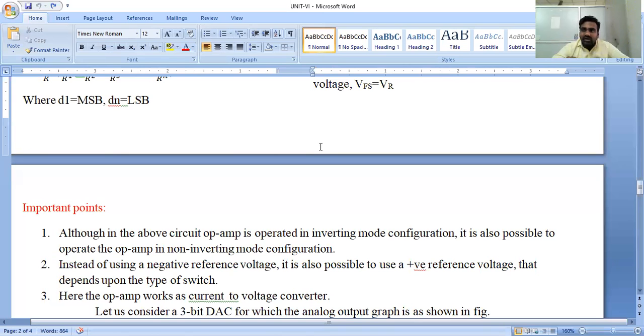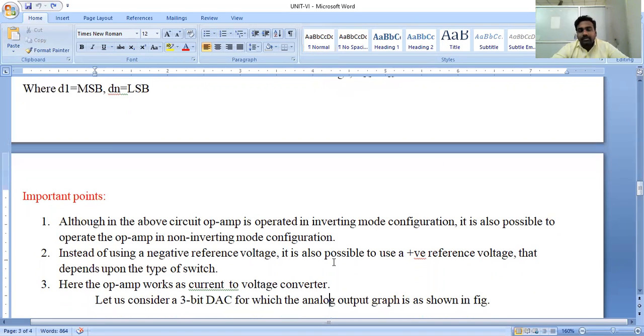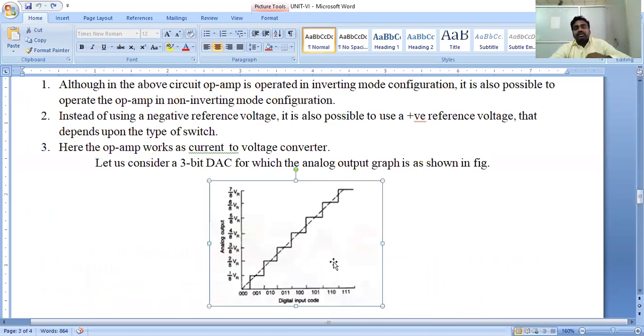If we connect positive feedback, the reference voltage will be positive, and that improves the switching time of the summing circuit. The second thing is that this operational amplifier configuration acts like a current to voltage conversion.